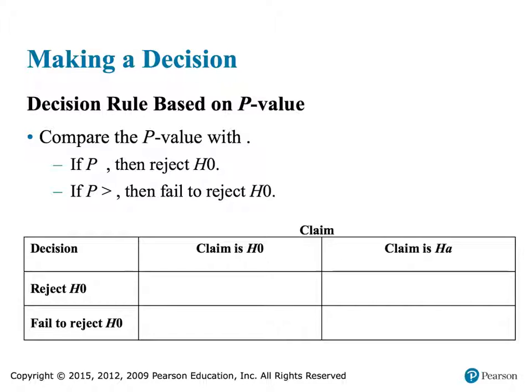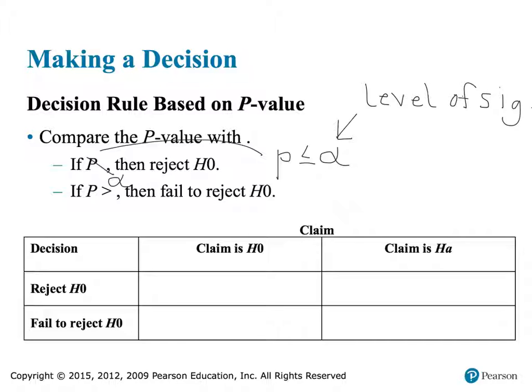Now, let me identify here that if p is less than or equal to the level of significance provided, we learn that alpha is the level of significance, then we'll reject the null. If p is more than alpha, then we will fail to reject the null.